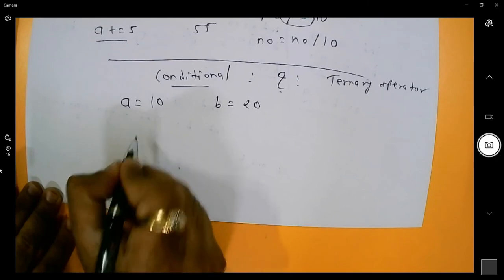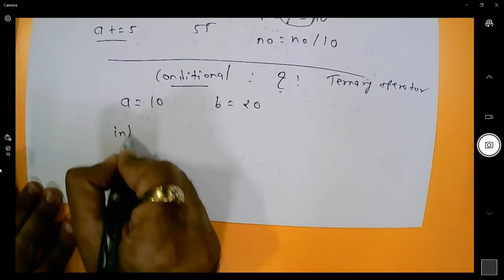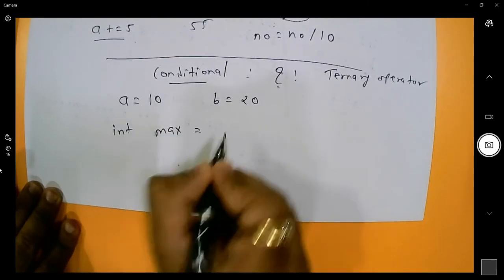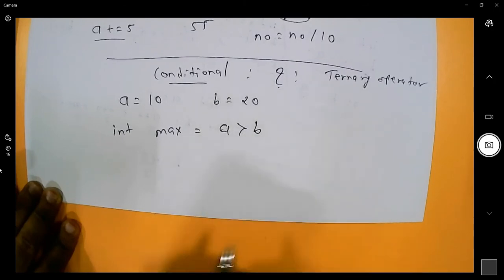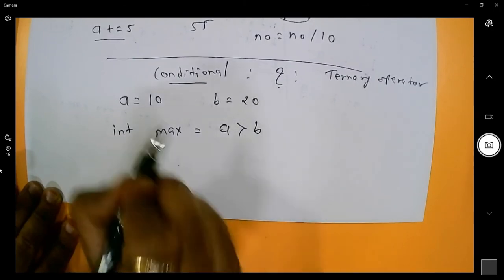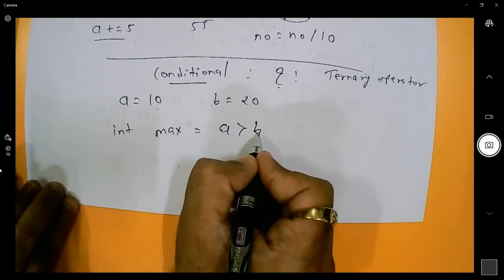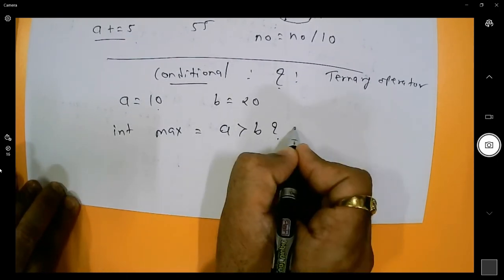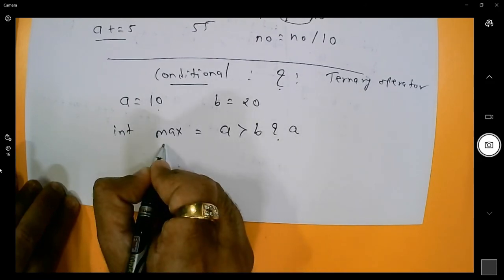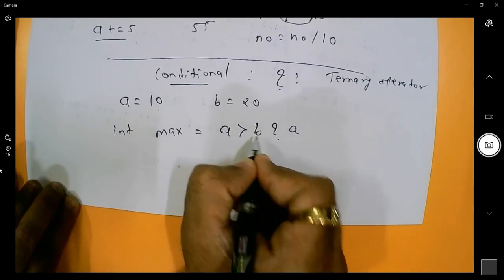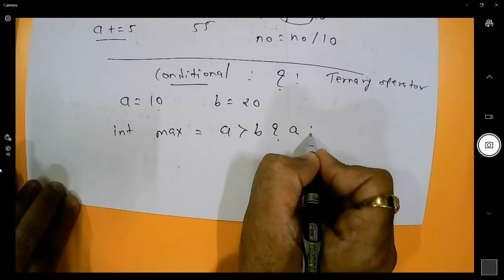So you can write integer max is equal to a greater than b. Is a greater than b? No, a is 10 and b is 20. If a is greater than b, then assign a to max, and if a is not greater than b, then your colon portion will be executed.